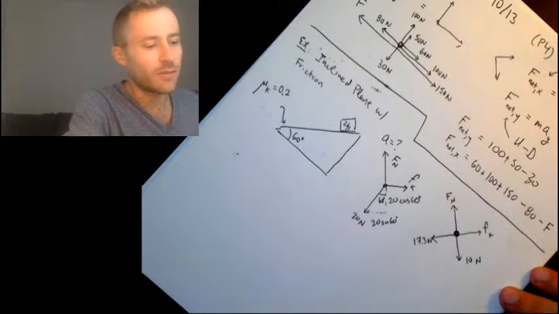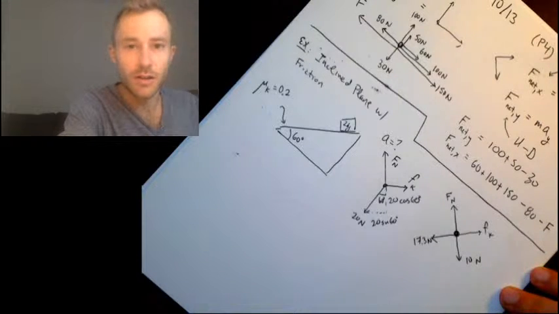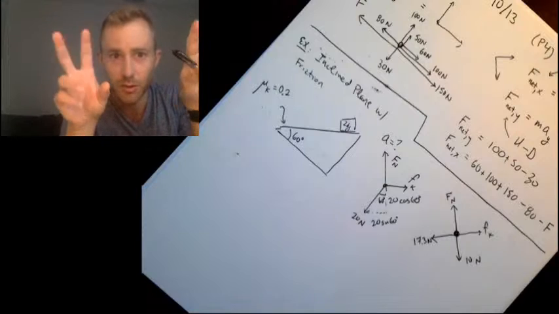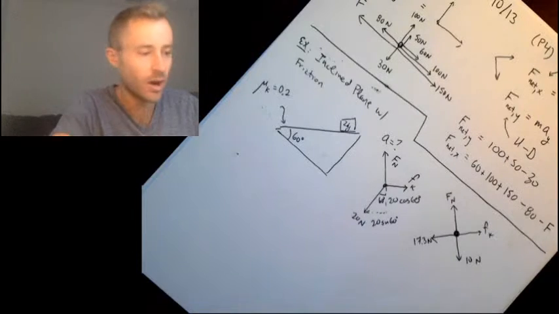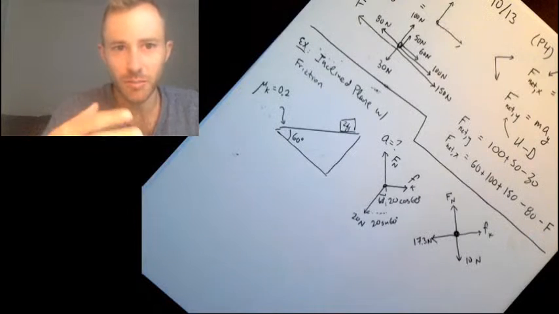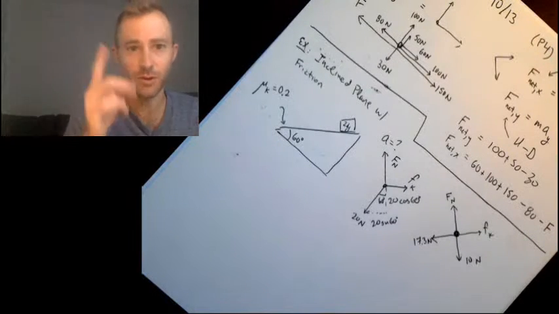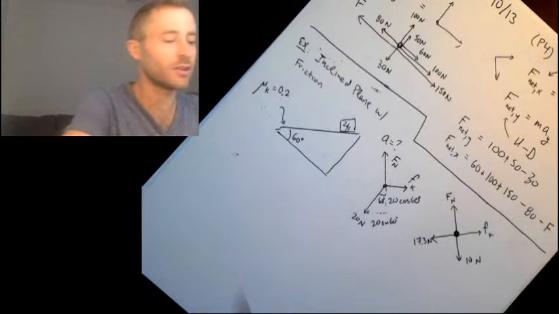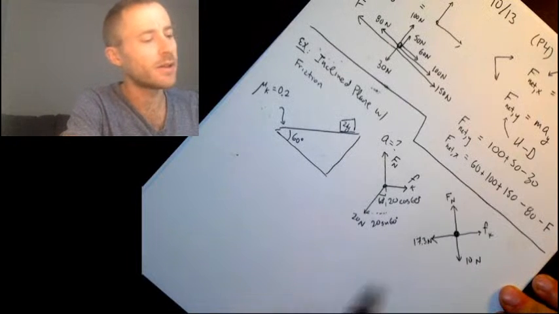I'm going to start off with Newton's second law in the y, and I say that in quotations, the y direction. So the y direction is this direction, but because I've rotated the paper, the y direction isn't actually vertical. It's actually like a diagonal direction. Okay?